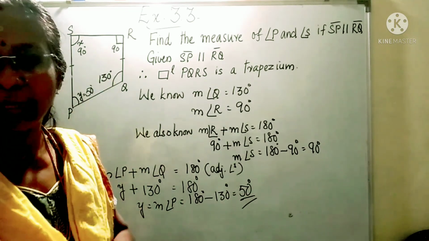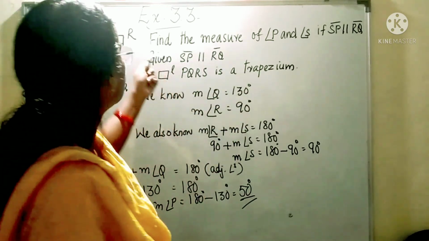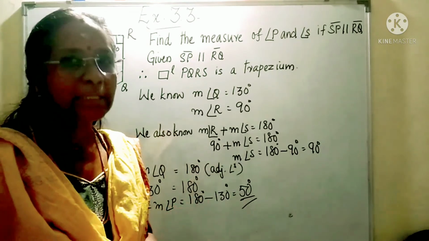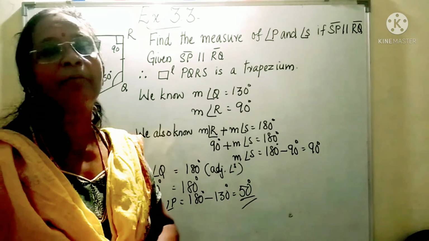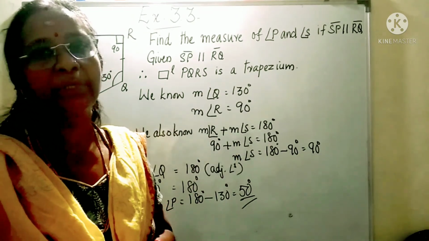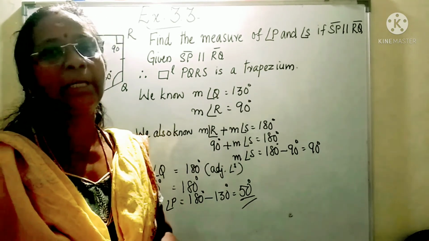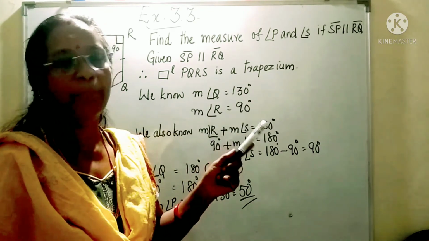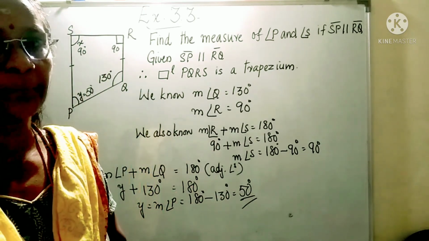One angle measure is given directly, which is equal to 130 degrees, and for the other angle, which is angle R, a symbol is given which shows that the angle is 90 degrees. Then we use the property of a trapezium, that adjacent angles of a trapezium are supplementary. That means their sum is equal to 180 degrees. Using that property, we can find all the angles of the trapezium.